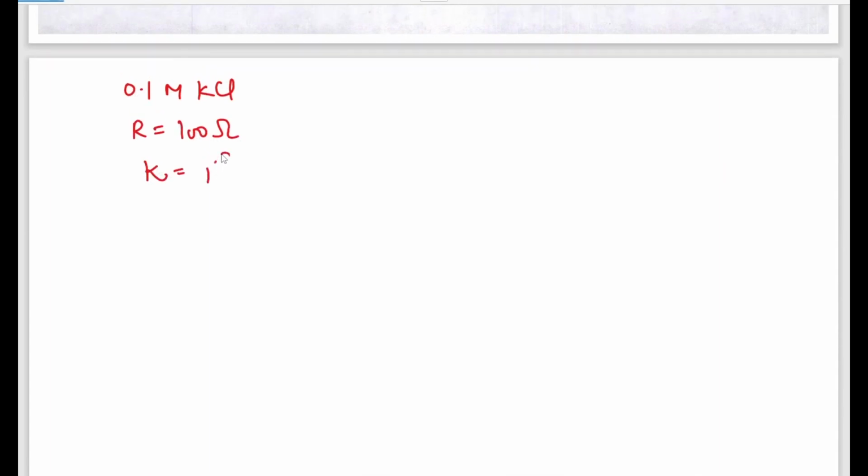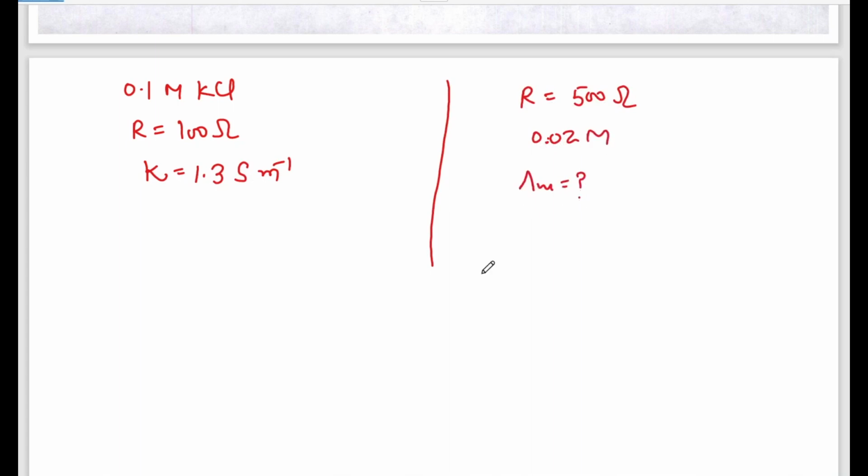There is one solution, that is 0.1 molar KCl, and for that the resistance R is 100 ohm and specific conductance is 1.3 Siemens per meter. And there is one other solution, for which the resistance is 500 ohm and concentration is 0.02 molar, and for that we have to find molar conductivity.